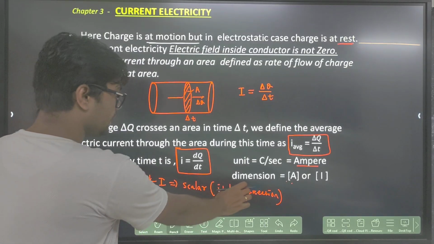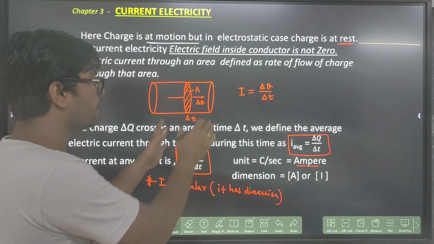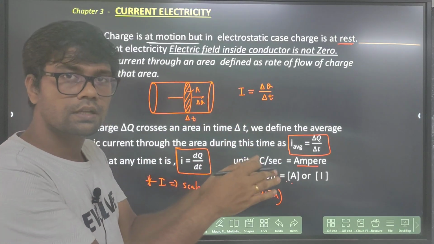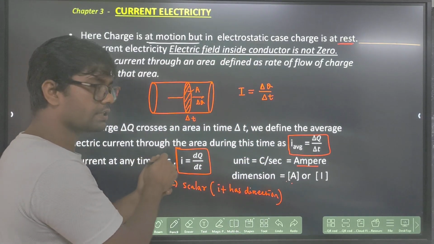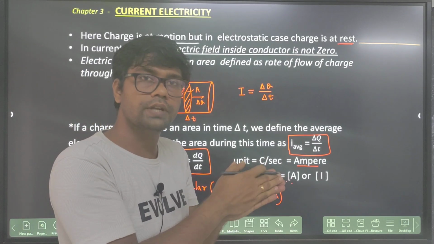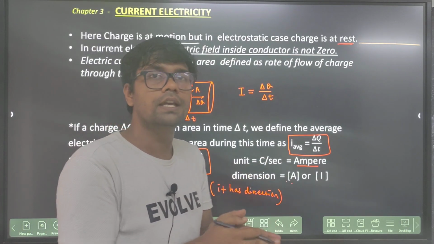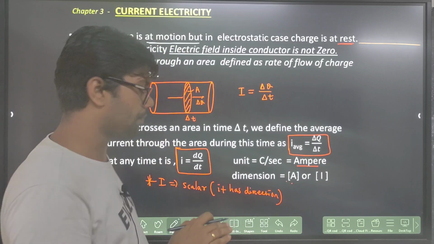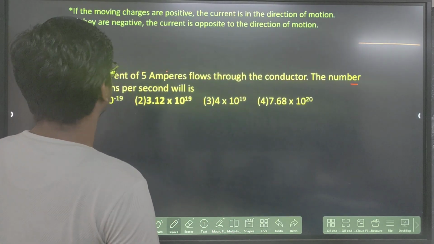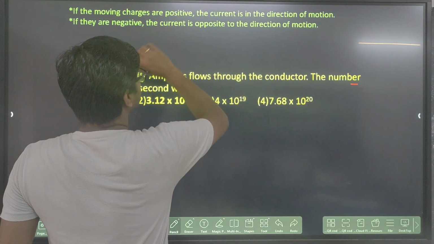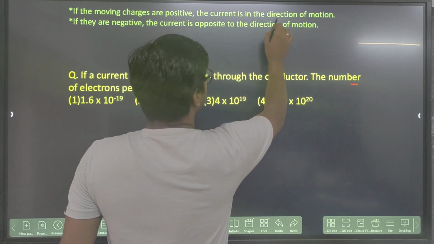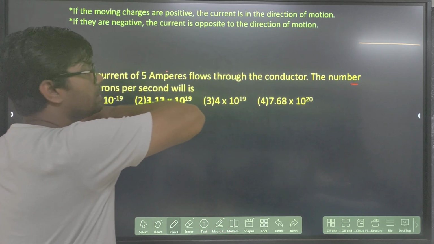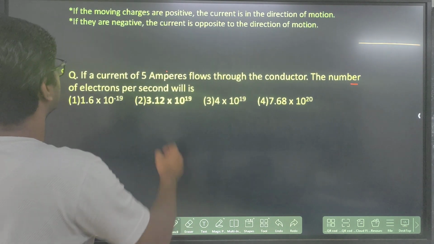Now let's talk about the direction of the current, because current is defined as the flow of charge. Now we will define the direction of current by the flow of charge. If you take negative charge, what is going to happen? If you take positive charge, what is going to happen? If the charges are positive, the current is in the direction of the motion of the charge, right?